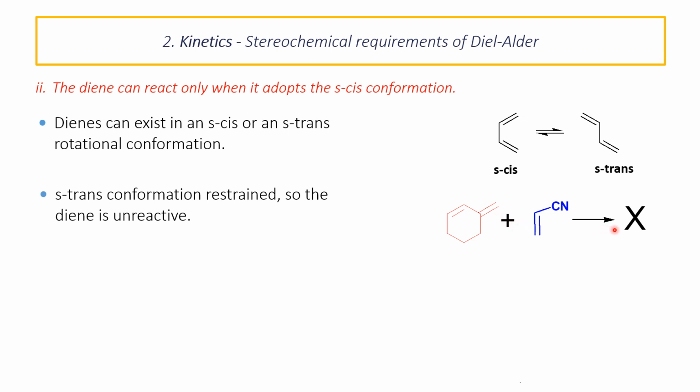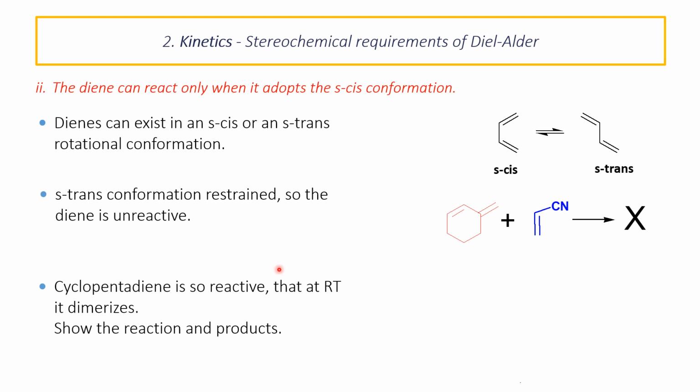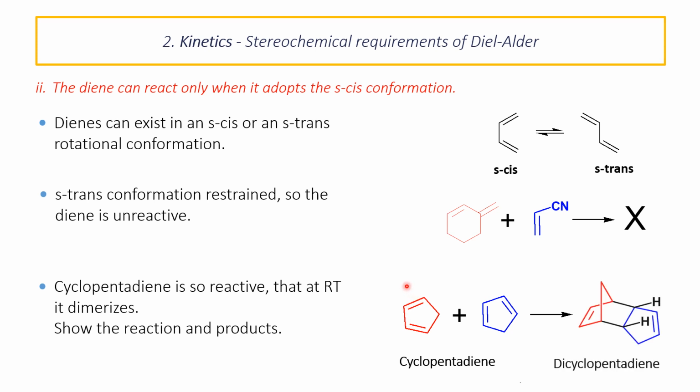On the other hand, cyclopentadiene, which is trapped in an s-cis conformation, is so reactive that it dimerizes at room temperature to give us dicyclopentadiene. One molecule of cyclopentadiene will act as a diene, while the other molecule will act as a dienophile.